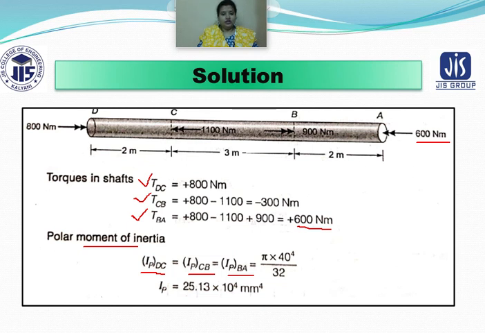According to the polar moment of inertia for a circular shaft, it is pi by 32 into d to the power 4, that is pi by 32 into 40 to the power 4. So you calculate the polar moment of inertia, which is equal to 25.13 into 10 to the power 4.